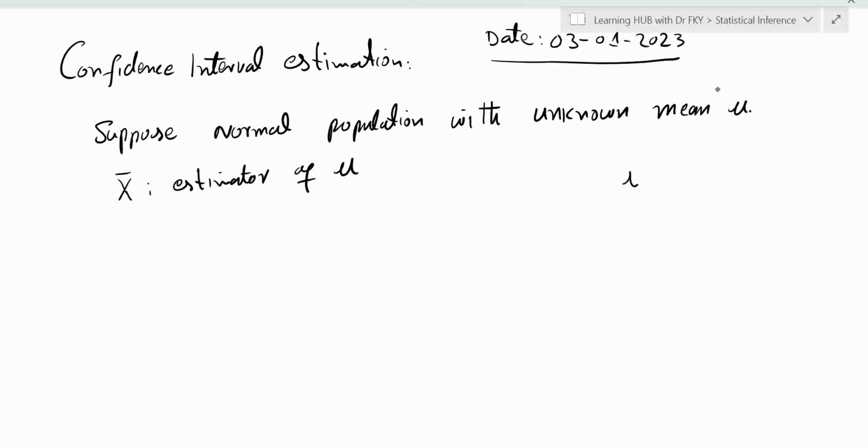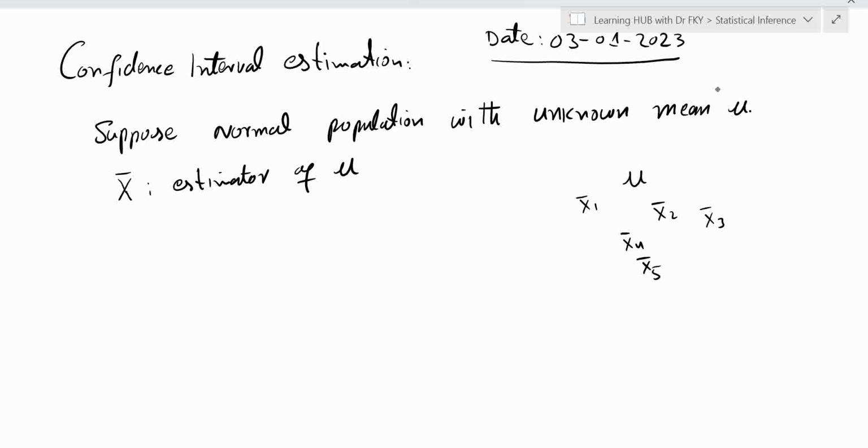Suppose this is mean mu, and then we estimate this by x1 bar like here, x2 bar here, x3 bar here, x4 bar, x5 bar. Suppose, okay, this is enough. You can do far more, but I just want to explain this.